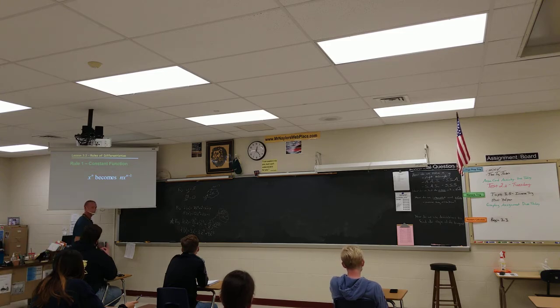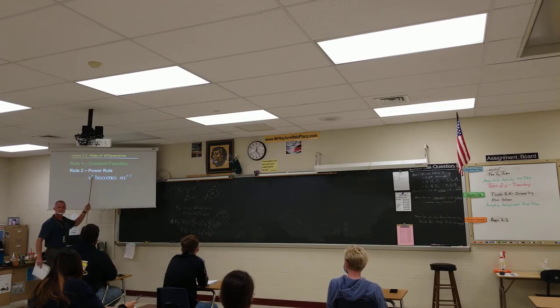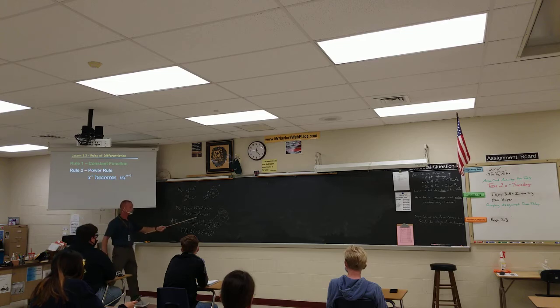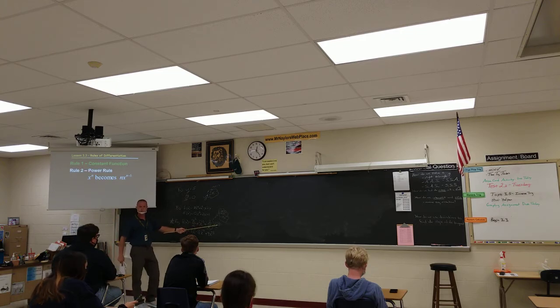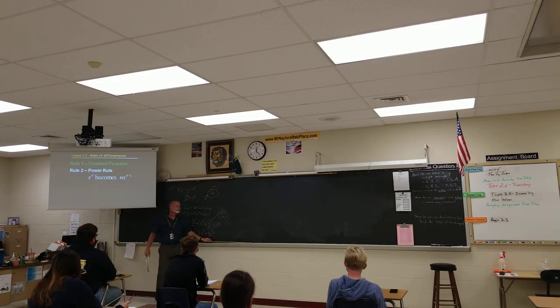Simply, there's no x there. X to a power is a whole lot different than a number to a power. Well, what is a number? It's a constant. Not that I'm trying to fool you, but don't be fooled. This is just a number.